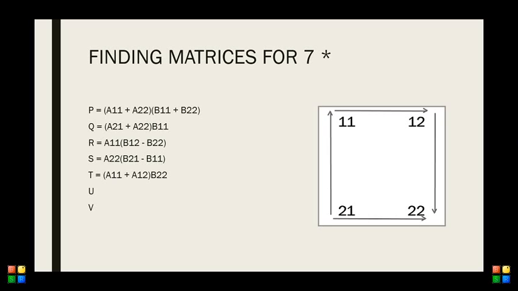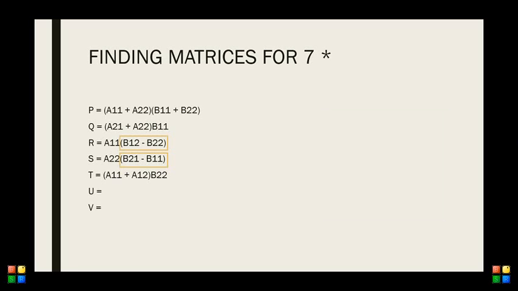Now I have U and V values remaining. These have two values, as you may recall, with sum or minus. So to compute this one, I will consider these two values.